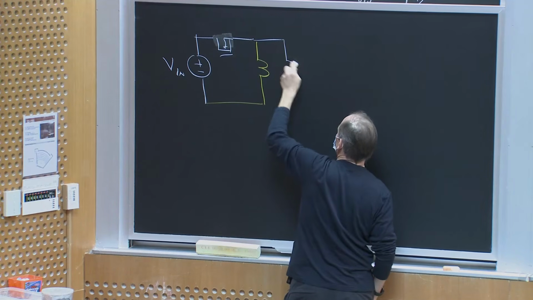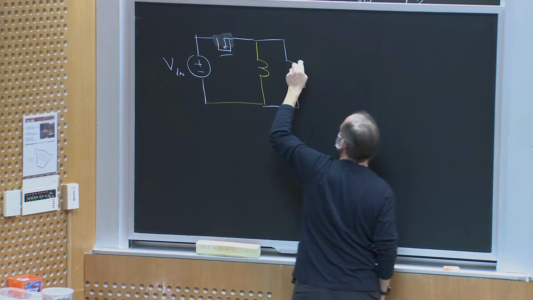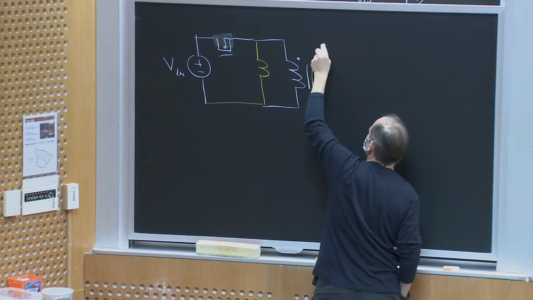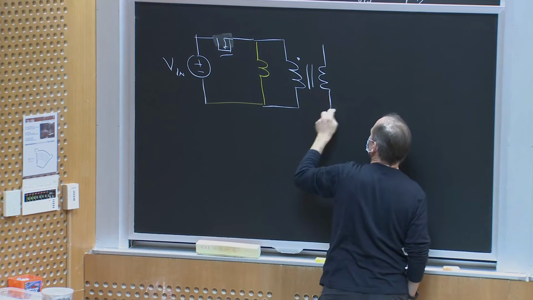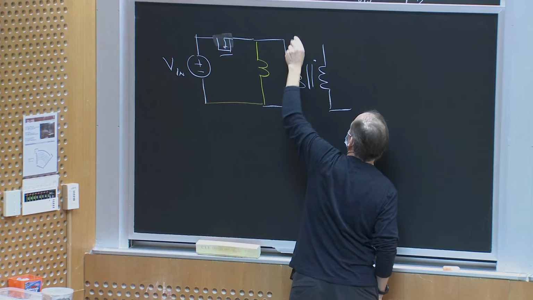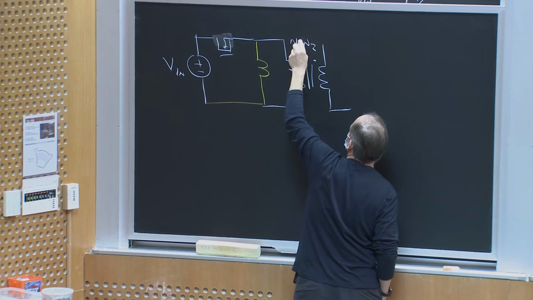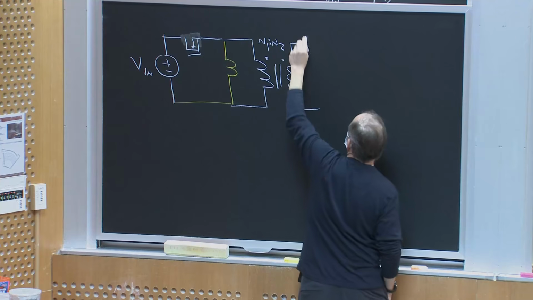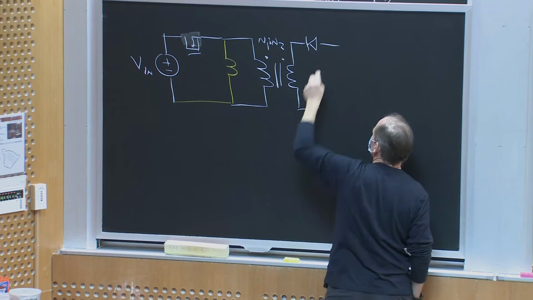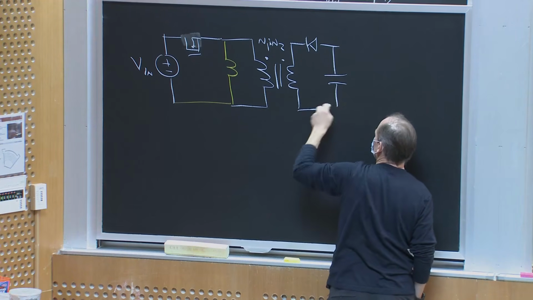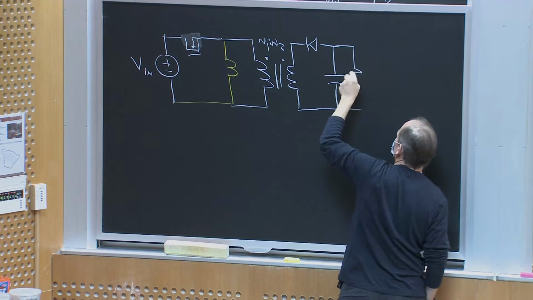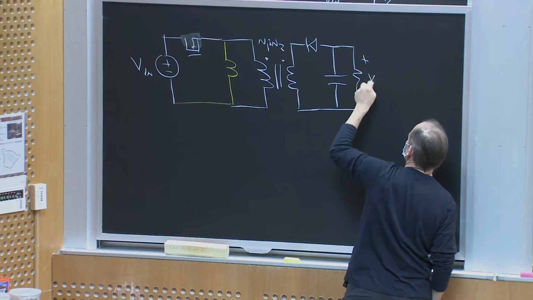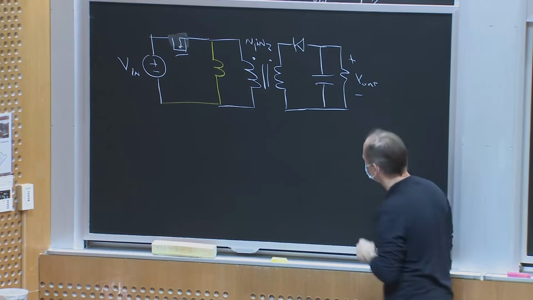Okay, so I'll just throw a transformer in the middle of this circuit, N1 to N2. All I've done is put a transformer in, and I'll make this Vout.